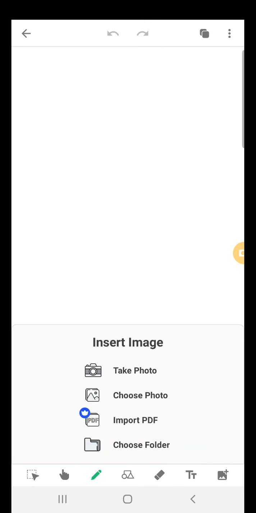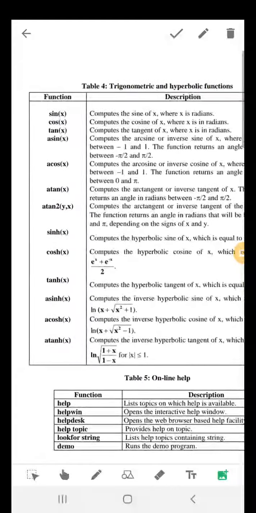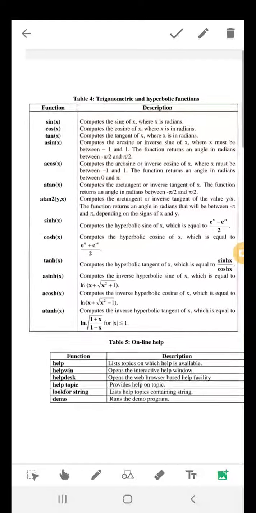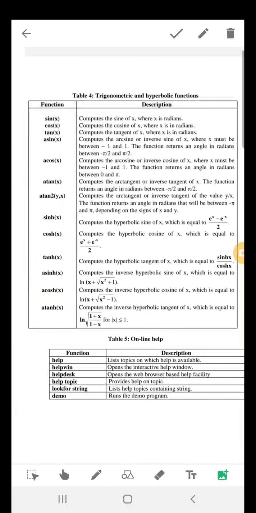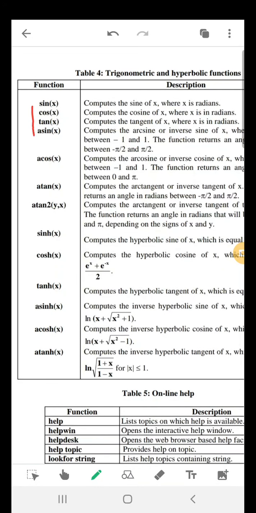You can see here the sin x, cos x, tan x, and asin x. These are very common trigonometric functions, and asin x computes the arc sine or inverse sine of x.